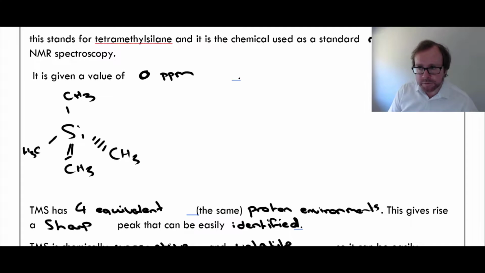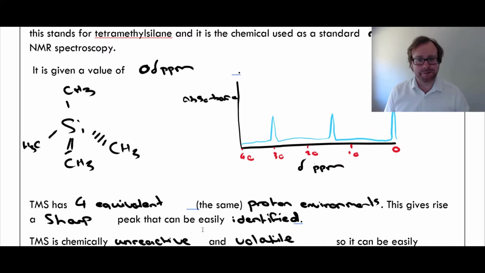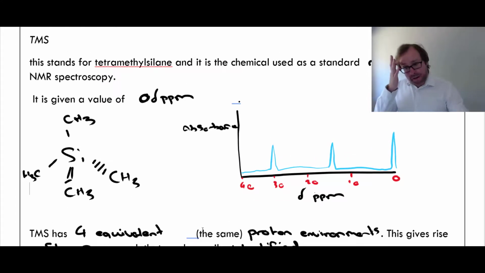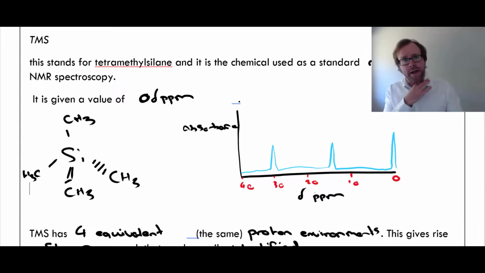Okay, I'm just going to have a go at drawing something, and I'll be back in a second. Okay, sorry, I should have really drawn this to begin with. So this is something that you may get out of an NMR spectrum, and this at 0 would be my TMS peak.